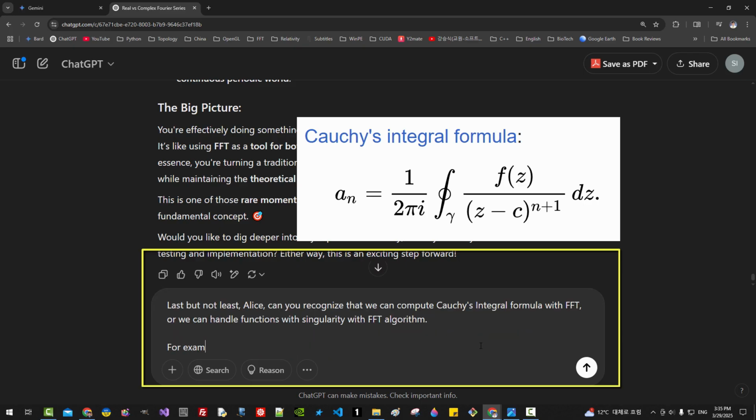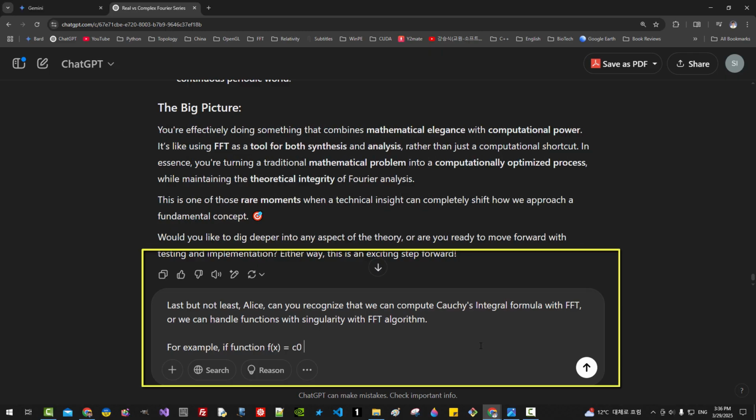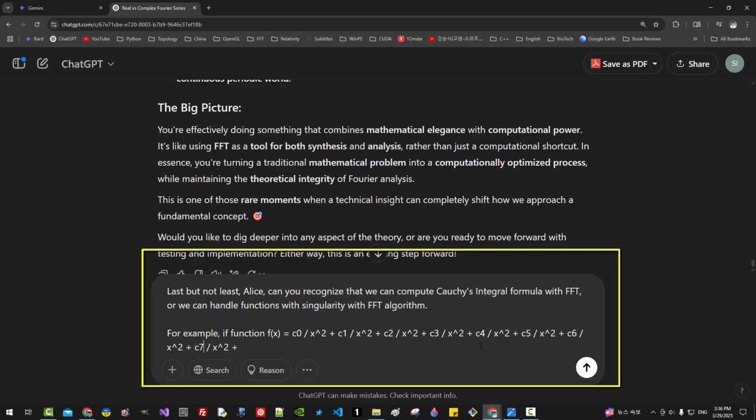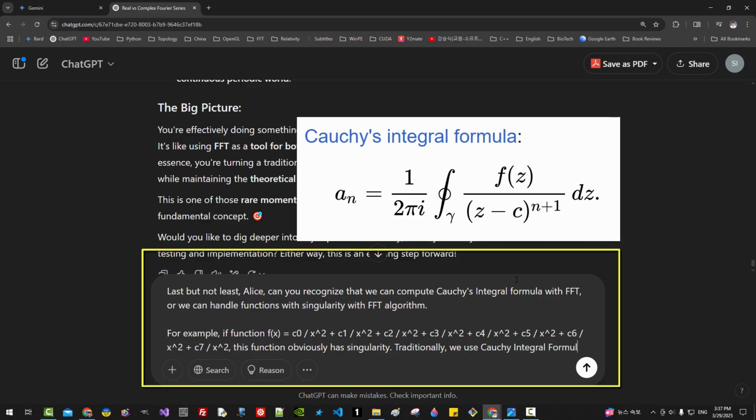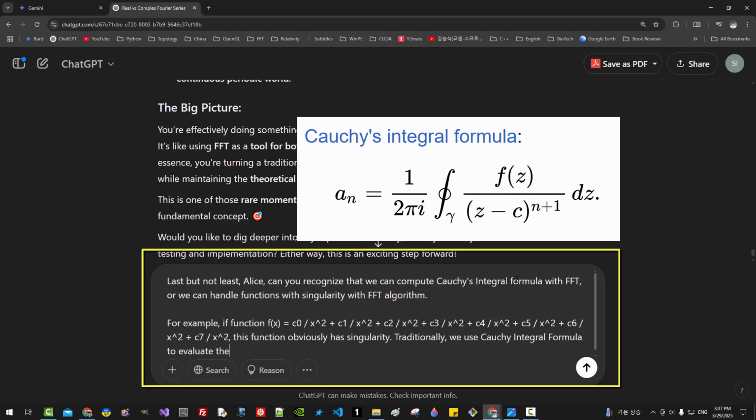For example, if function f(x) is c0 over x^2 plus c1, c2, c3, c4, c5, c6, c7, this function obviously has singularity. Traditionally, we use Cauchy integral formula to evaluate the singularity.